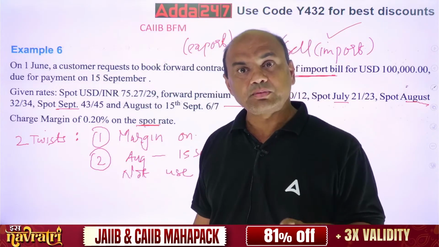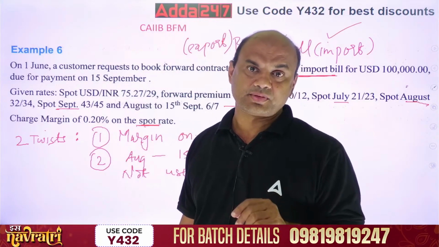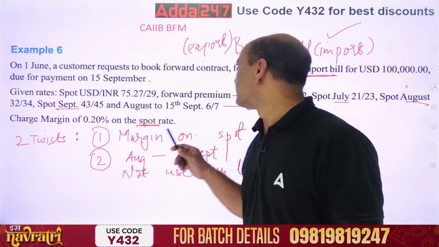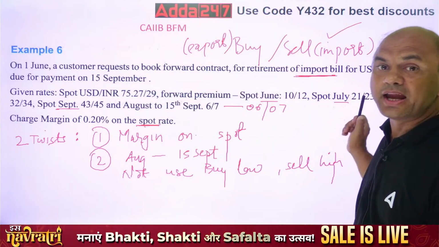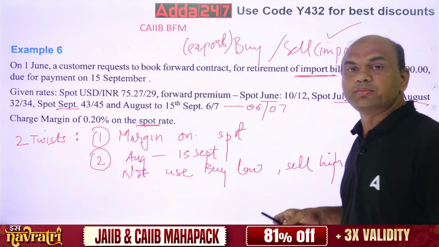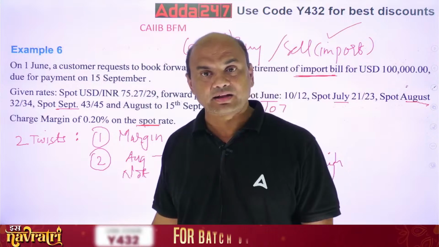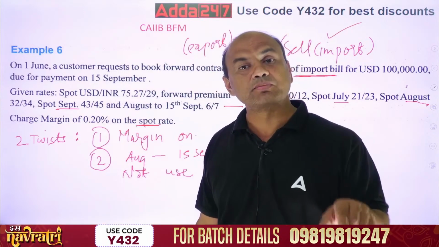Whenever you want beginning of any month, the rate is of the earlier month. Because when I say July rate, it means it's for the July end. When I say August rate, it means it is for the August end. When I say September rate, it means it is for the September end.